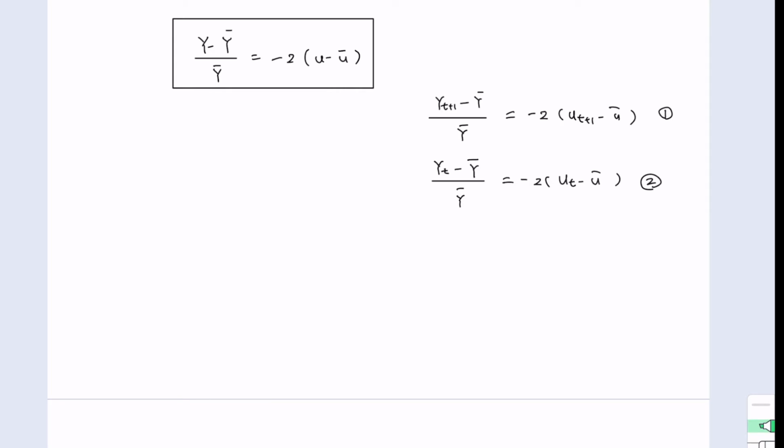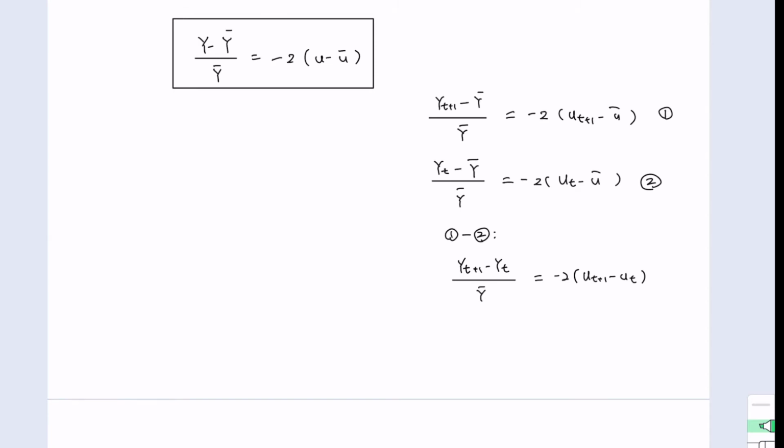We can subtract equation 2 from equation 1, and we have yt plus 1 minus yt over y bar equal to minus 2 multiplied by ut plus 1 minus ut. Obviously, when we subtract equation 2 from equation 1, the full employment output level y bar and the natural rate of unemployment u bar get canceled out.